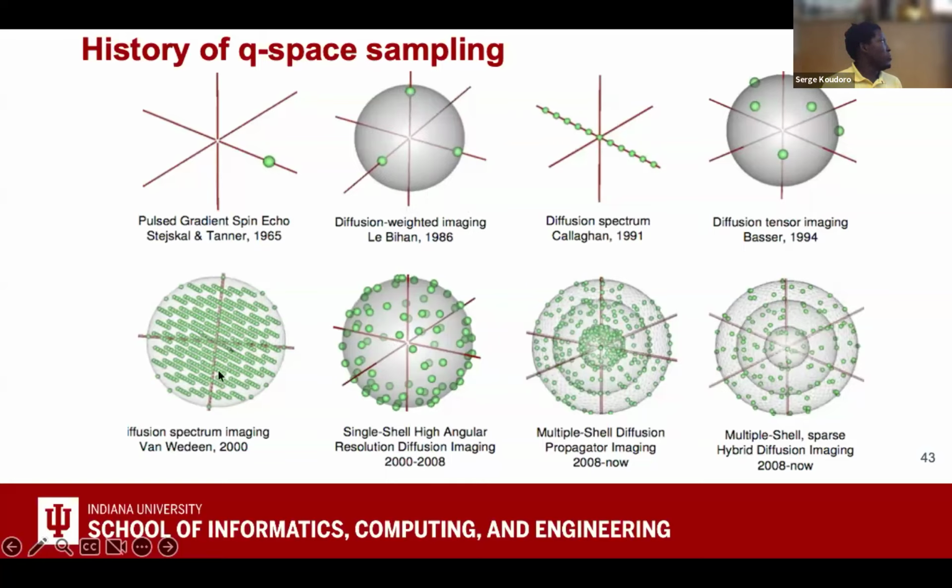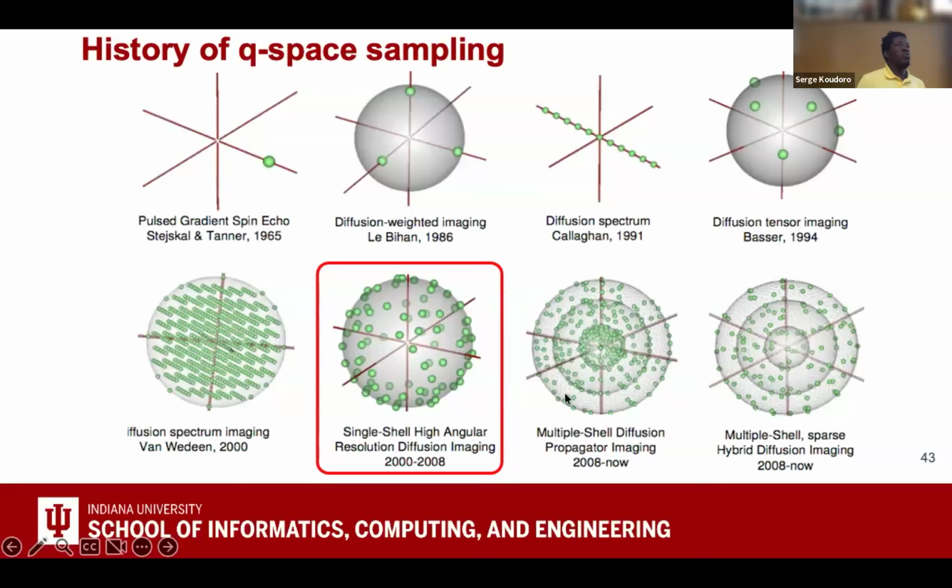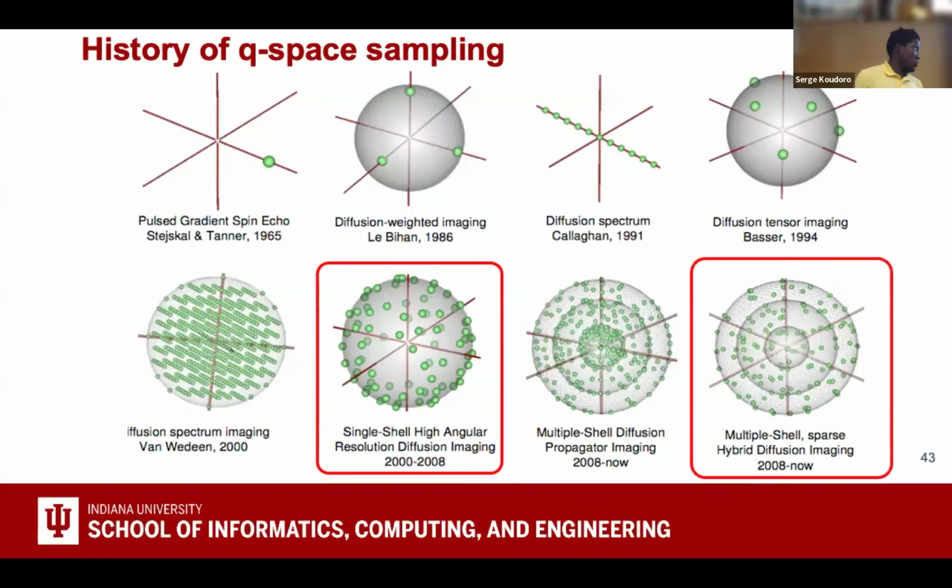Then they start to get crazy with different types of sampling shapes to get more and more information. And now the most common use cases are the single shell with multiple directions, or the multi-shell with multiple directions. So when a scanner takes the data, for every single point, it takes a picture to give you an idea, to oversimplify.